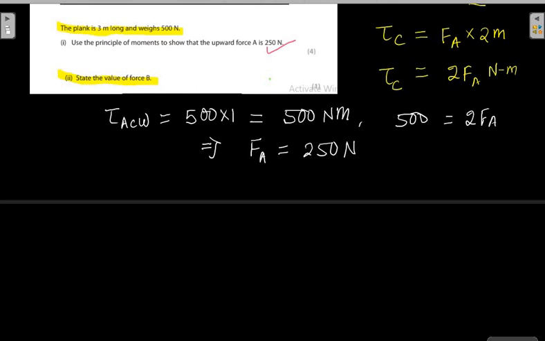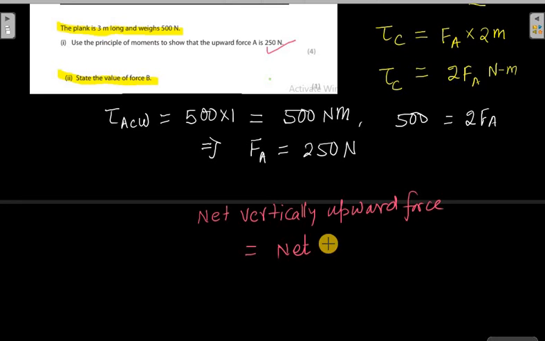On applying translational equilibrium, the net vertically upward force will be equal to net vertically downward force.